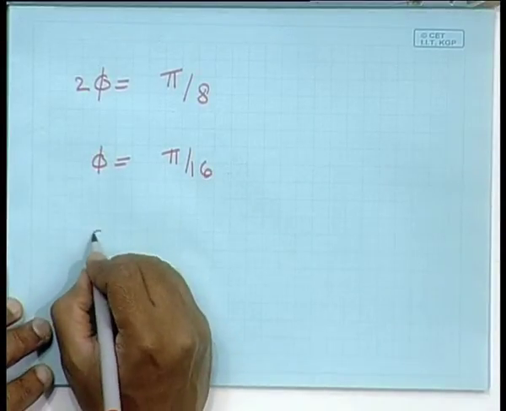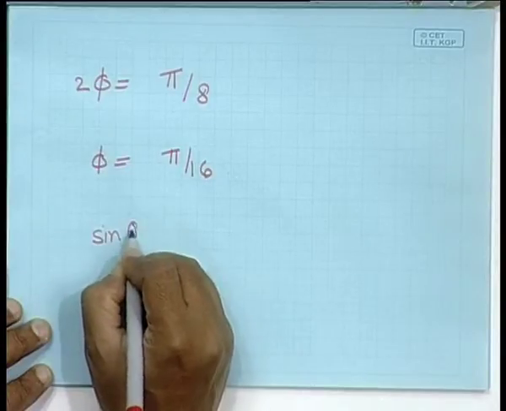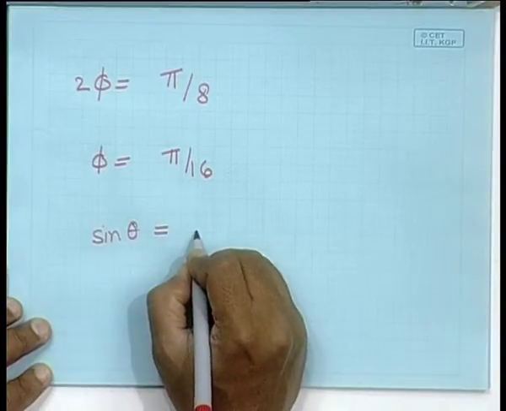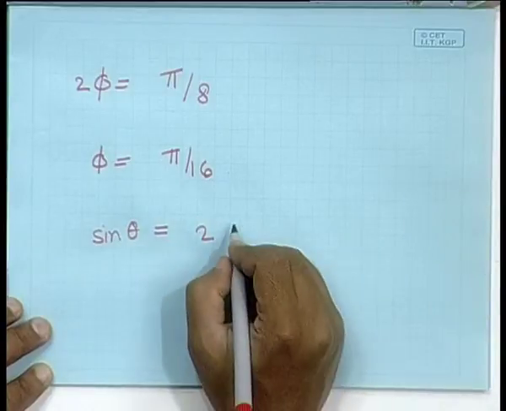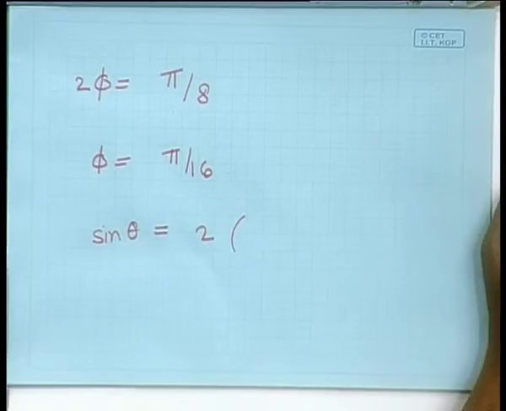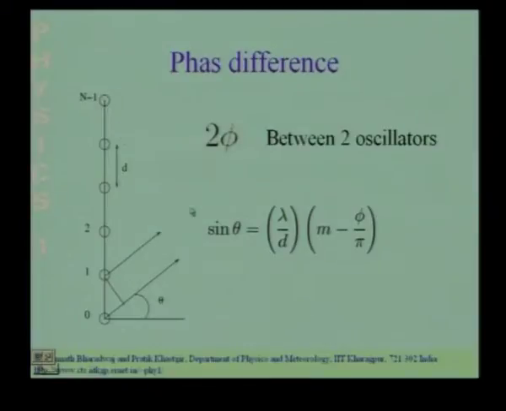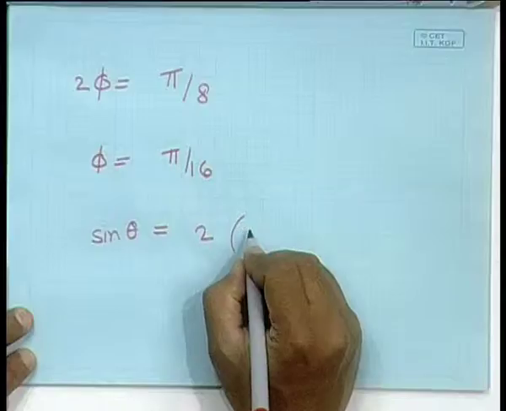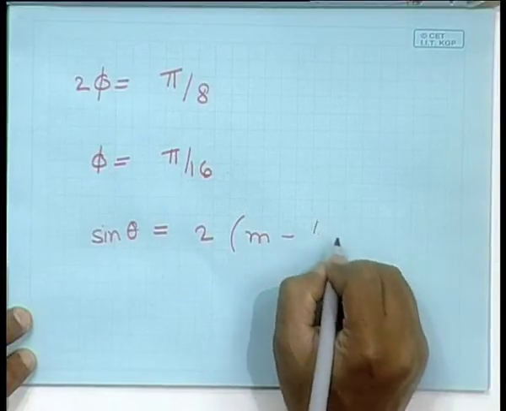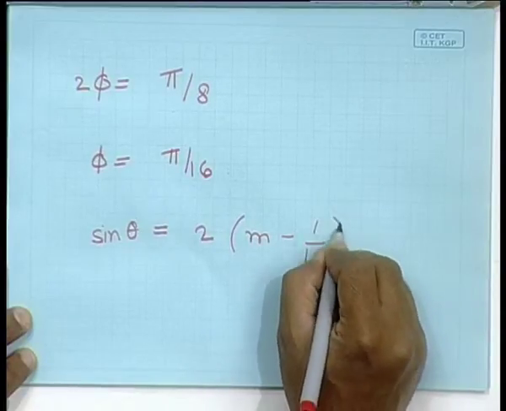So, the condition for the maxima is sin theta equal to lambda by d, which is 2. The condition for the maxima now gets changed because of this phase difference, and the condition now is sin theta is equal to lambda by d into m minus phi by pi. Phi we have already calculated, it is pi by 16. So, the maxima now get shifted, and the maxima will occur whenever this is equal to m minus 1 by 16 is satisfied.